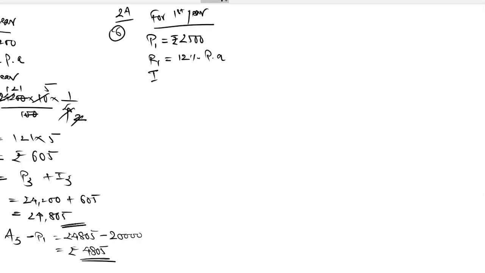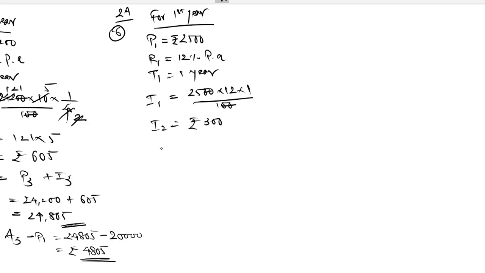T1. So I1 is 2,500 into 12 into 1 upon 100, that is 25 12s are rupees 300. I1, I'm sorry about that again.